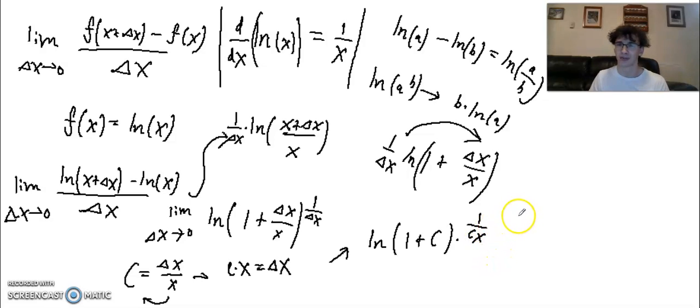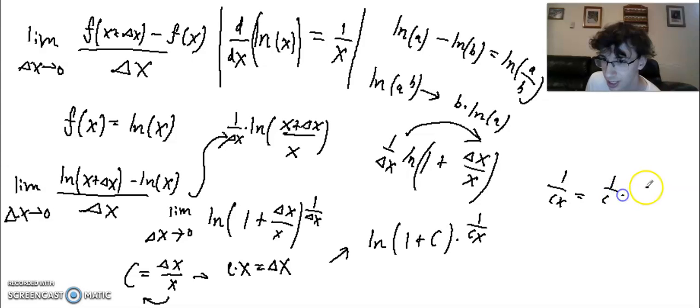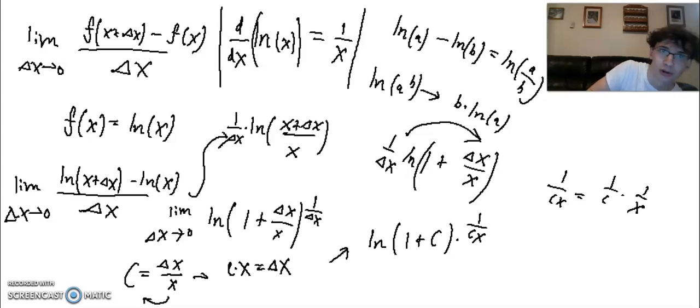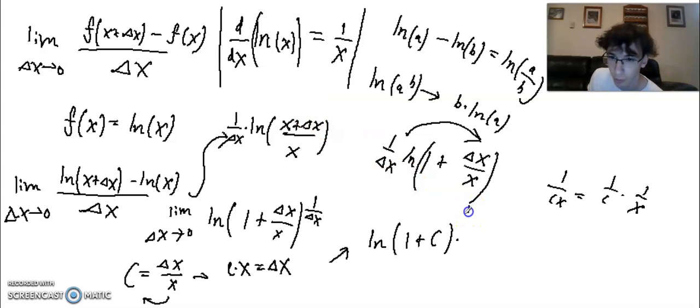Alright, what does that mean? Well, 1 over cx can be rewritten as 1 over c times 1 over x. We're getting really close, just stick with me. So 1 over c times 1 over x.